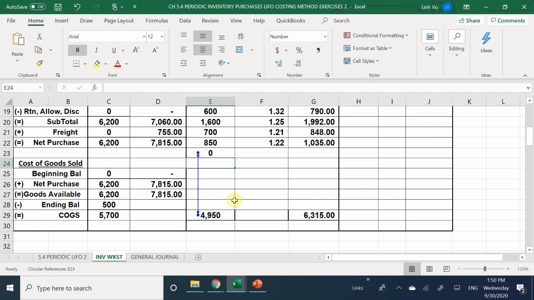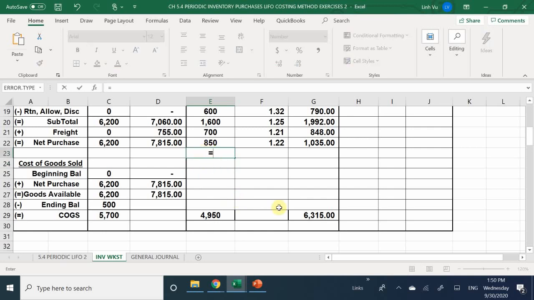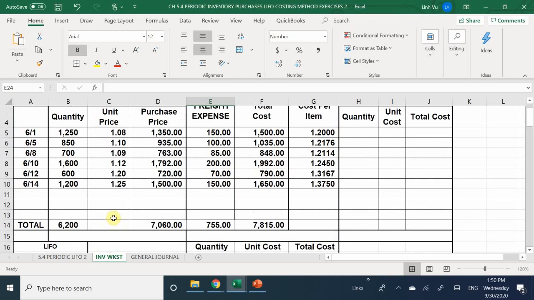Oh, the same thing happened to me again. All right, so 5,700 minus the 4,950, I know that I need to get 750 items out of the first batch, which, how much is it going to cost me to sell one item in the first batch?